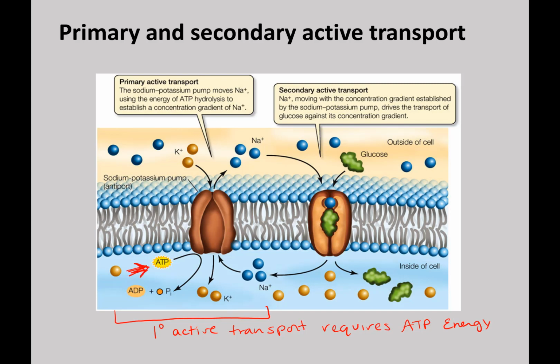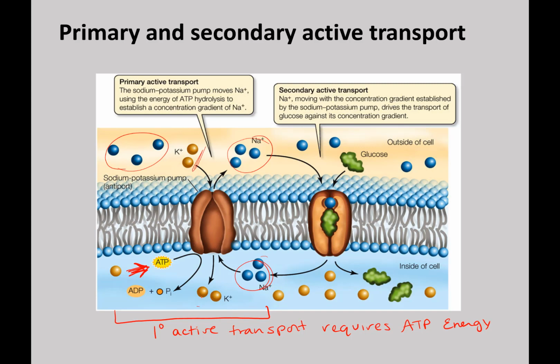So in order to move these ions, we need energy. And it's usually because, as you can see, we're moving ions against the concentration gradient. So there's a low amount of sodium here to the high amount of sodium on the outside, and it moves things just the opposite as well. This is a sodium-potassium pump. We'll talk more about that in a minute. Moves potassium ions from low to high concentration.